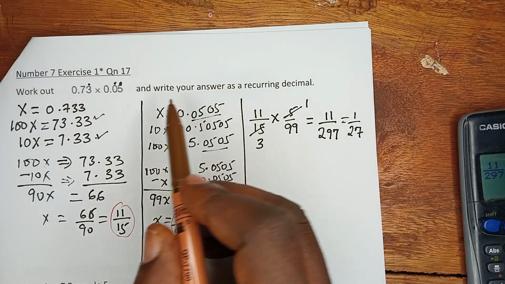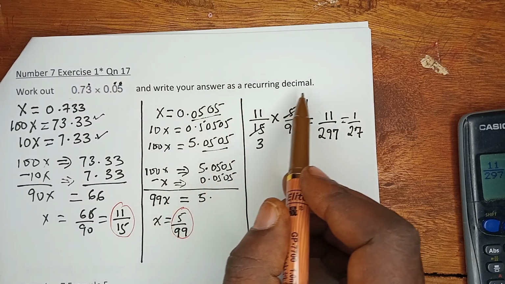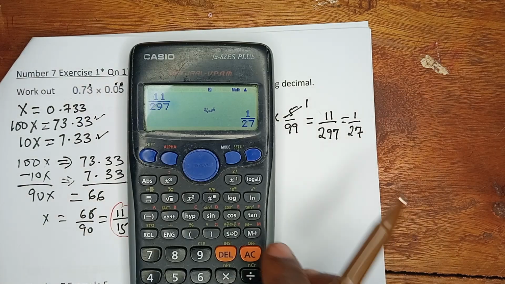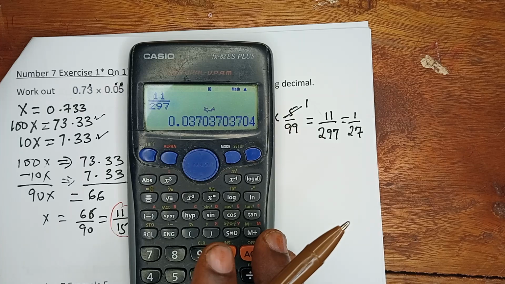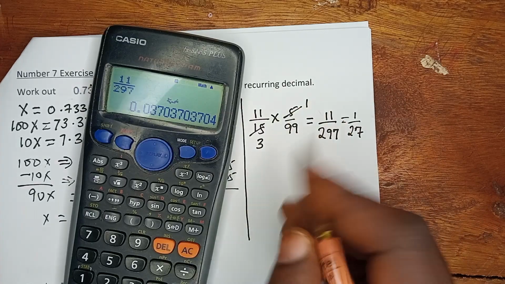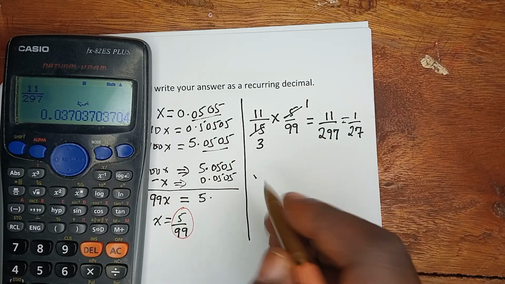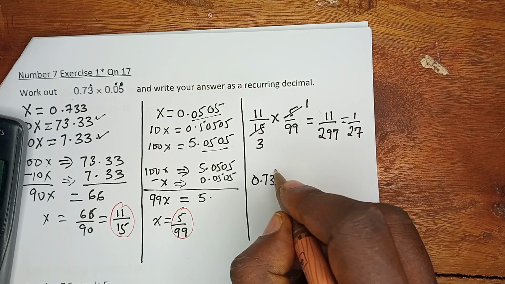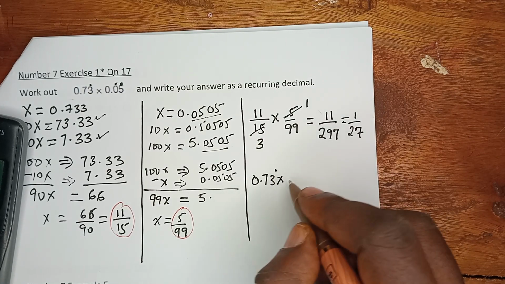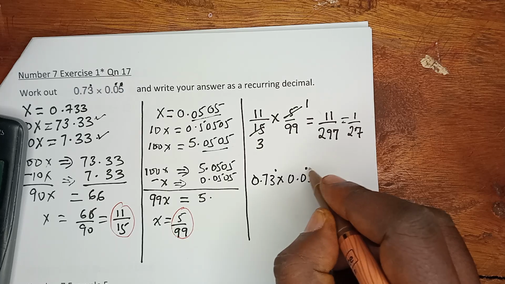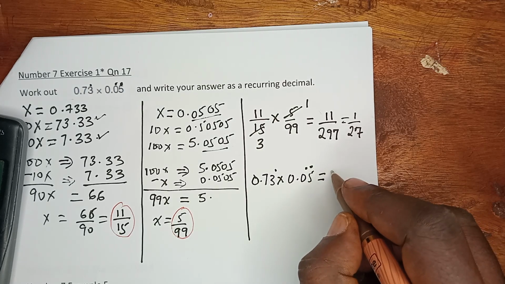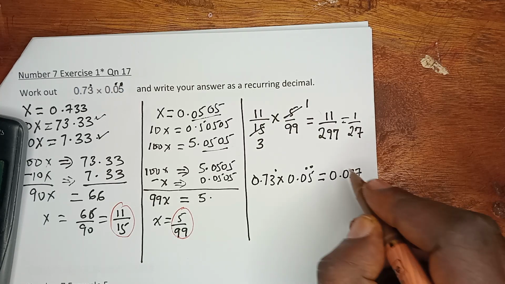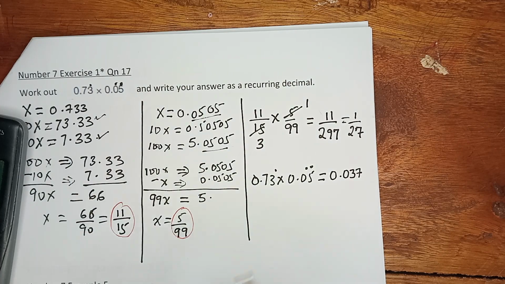But look at the question: write your answer as a recurring decimal. So 1 out of 27 as a recurring decimal, we just consult the calculator, which gives us 0.037. In other words, 0.73 recurring times 0.05 recurring is equal to 0.037 recurring.